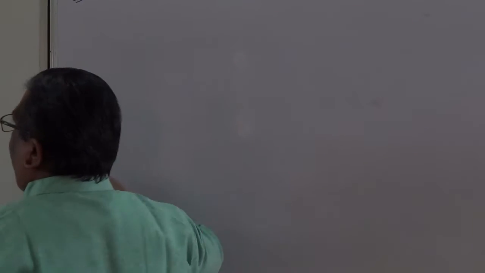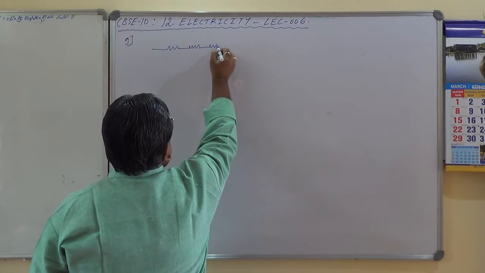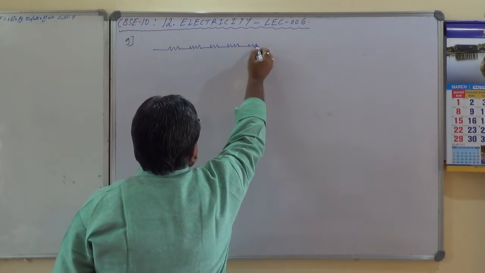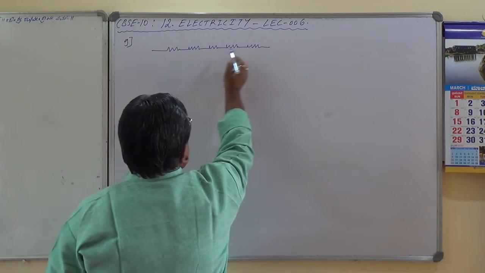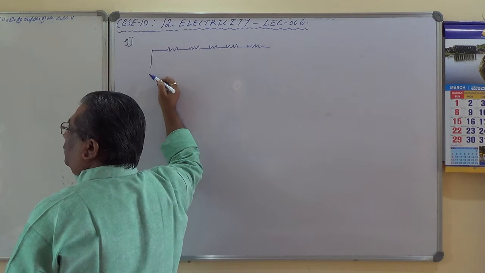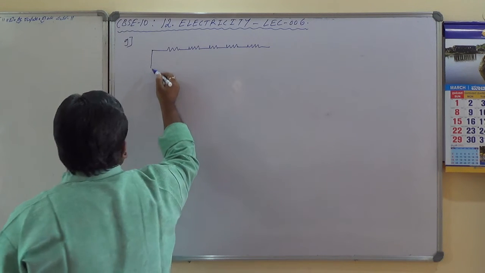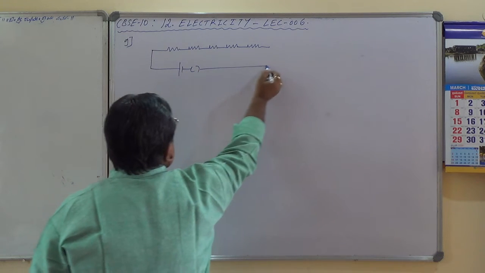So the diagrammatic representation is something like this. How many resistors are to be connected? 1, 2, 3, 4, 5 resistors. And these are connected to a potential difference of 9 volt.